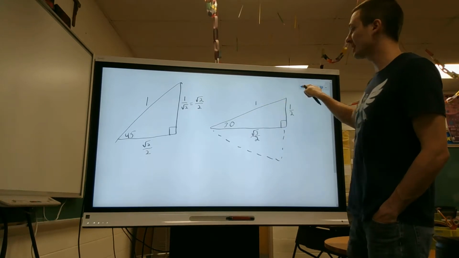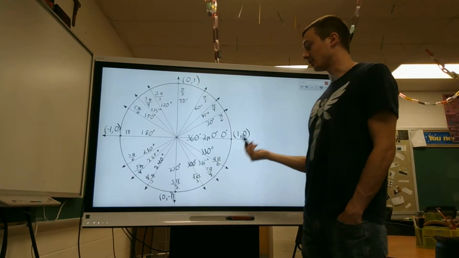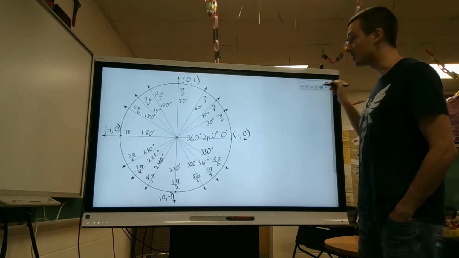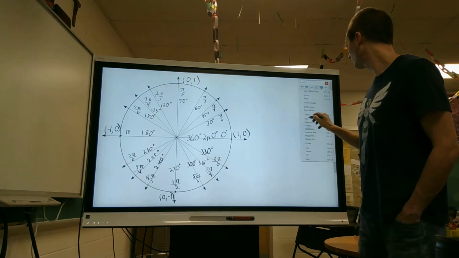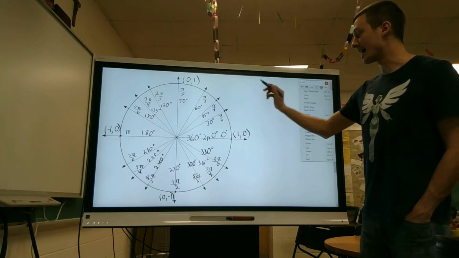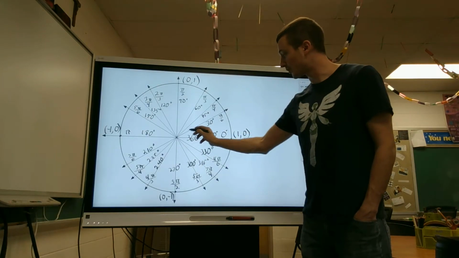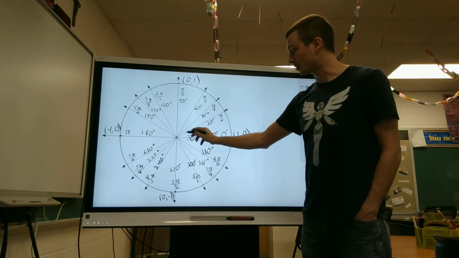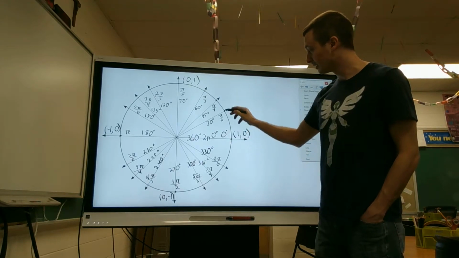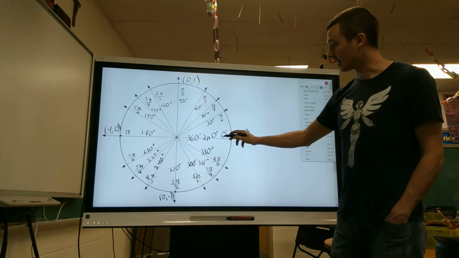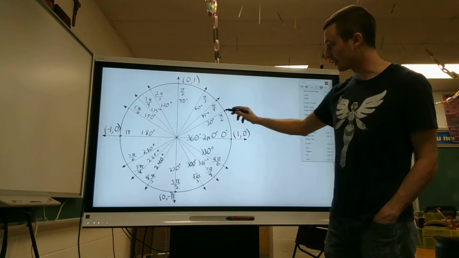Now, as far as these legs are concerned in the unit circle, the legs are going to be distances on the x and the y axis. So for this first 30, 60, 90, if this angle is 30 degrees and this angle is 90 degrees, then this triangle will have a long leg of square root of 3 over 2 and a short leg of a half.